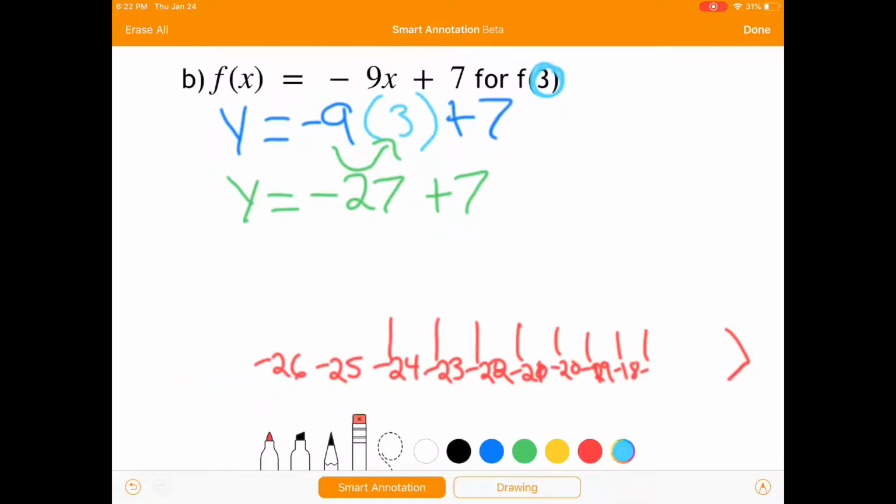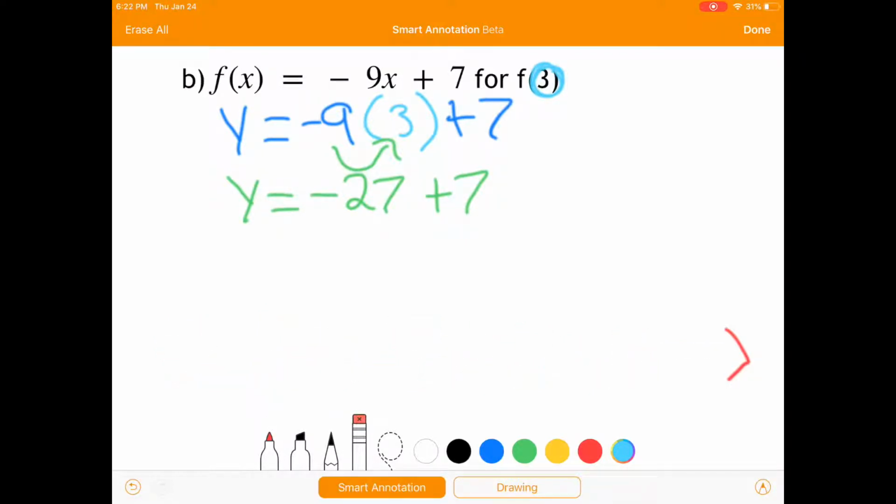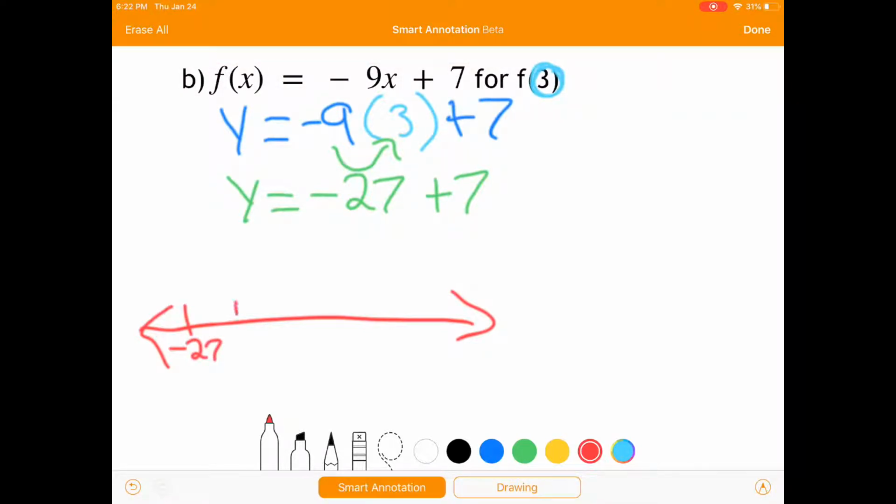Actually, this is just going to be too long. If you wanted to, you could create that number line just like we've been doing. It'd be really long, but you would have negative 27, negative 26, and so on, up until you get to 7. You're told to start at negative 27, so you're right here.